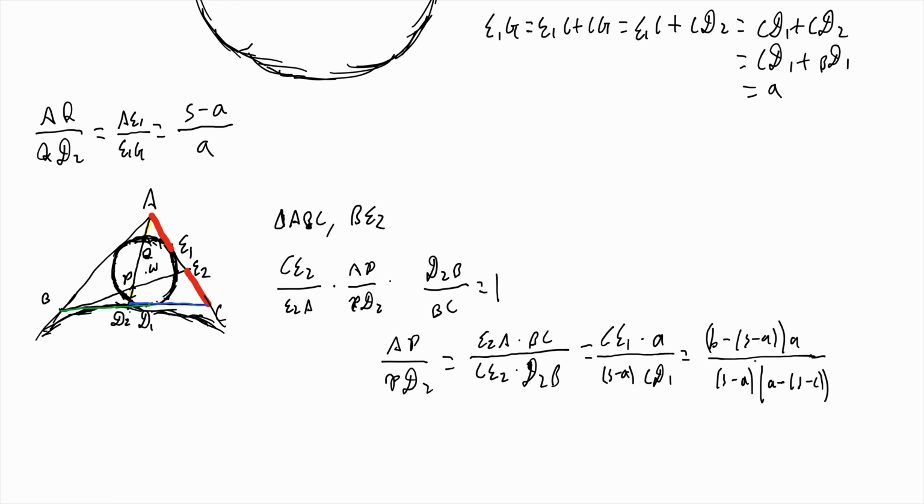C D sub 1 is A minus. Wait, we should be able to cancel these two terms out, but not sure what went wrong.